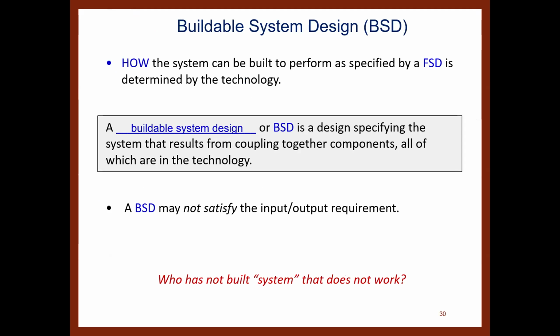So what does it say it may not satisfy? Oh, so a buildable system design may not satisfy the input-output requirement. So let's say that you are pushing to the limit, right, in your system, saying you want to take it from waiting 10 minutes in the process to 5 minutes, right?